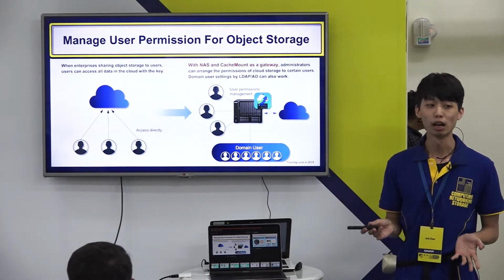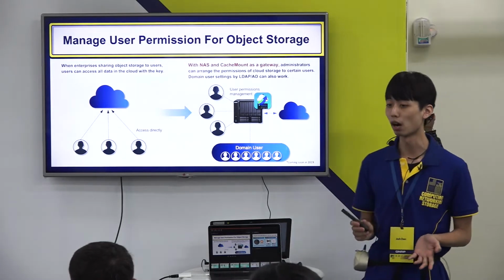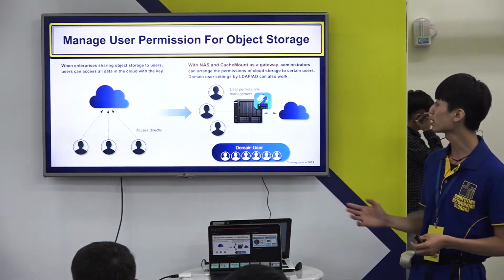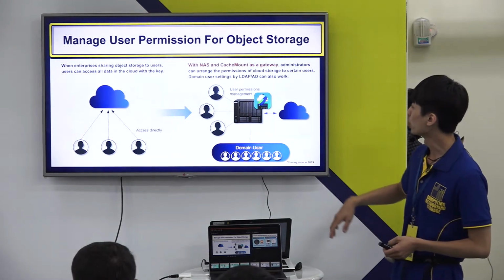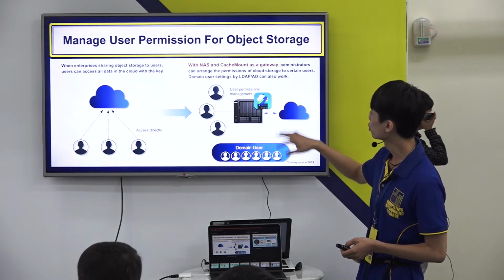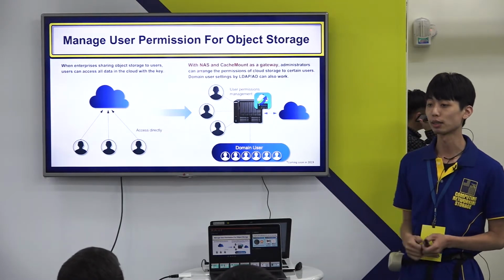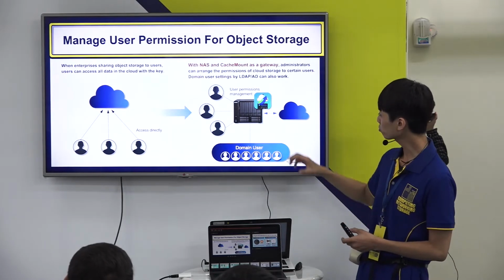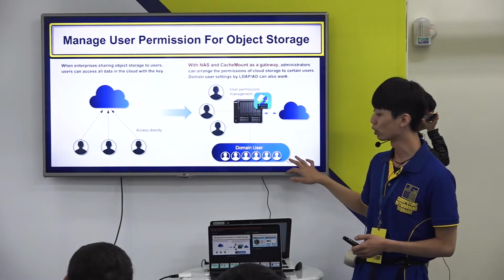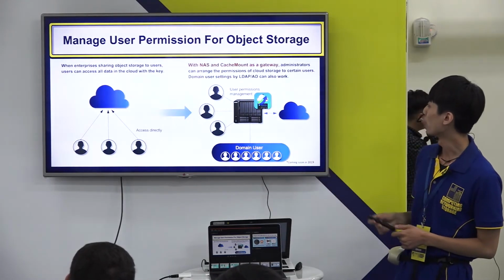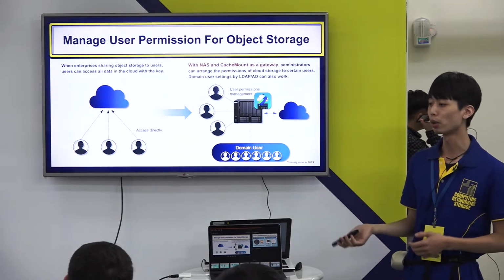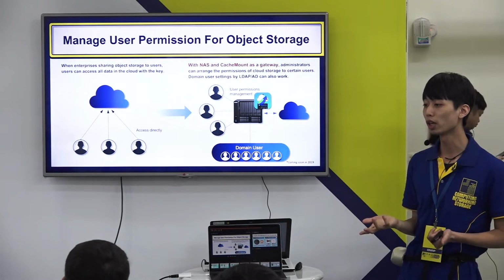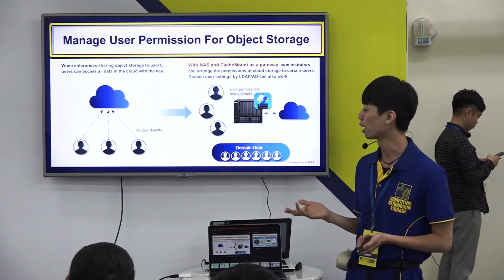But that is not a scenario where we want to share our cloud storage with all our employees. So with NAS and CacheMount as a gateway, we can manage the user permissions through the NAS. We can assign permissions to a local user or to a domain user. So at this time, you can start to think that maybe we can use object storage to share files, because it usually is less expensive than Google Drive.